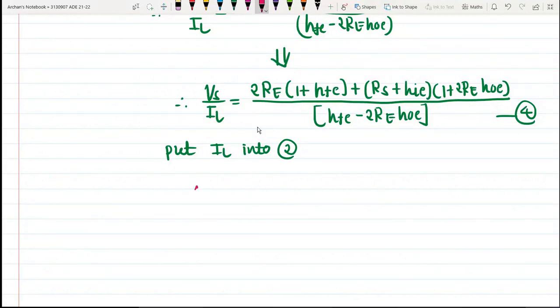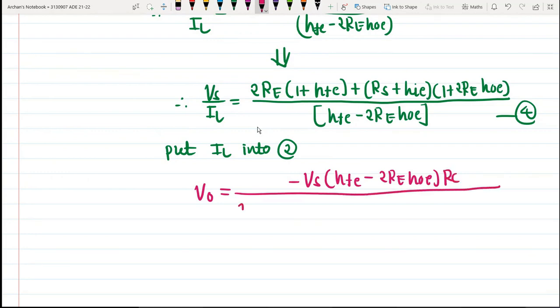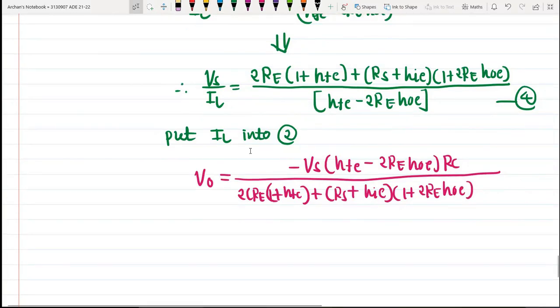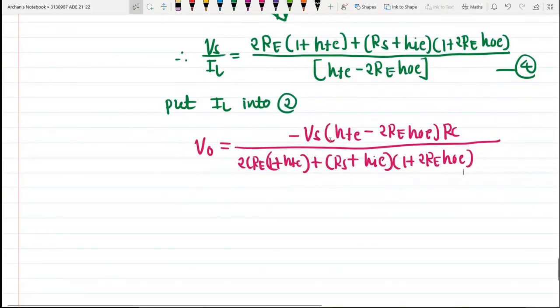Okay, so we will get V0 is equal to minus Vs (HFE minus 2RE HOE) into RC upon 2 times RE into 1 plus HFE plus RS plus HIE into 1 plus 2 times RE HOE.